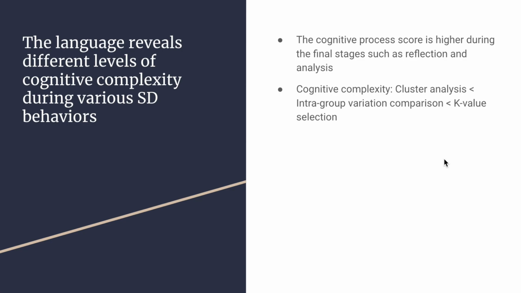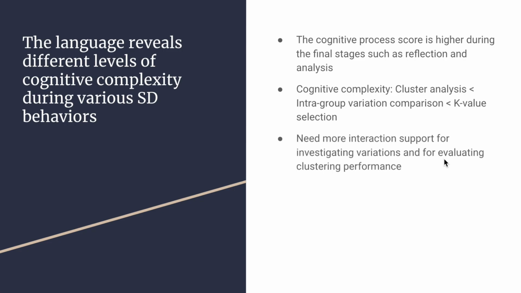This could be attributed to the fact that we unveil the complexity gradually by placing cluster analysis at the end, when learners are already equipped with other machine learning components that are part of the cluster analysis. This indicates the need for further improvements in visualization and interaction design to support the analysis of variations among different attributes within a group of data points, as well as the evaluation of overall clustering results.